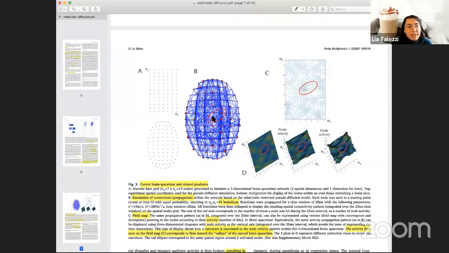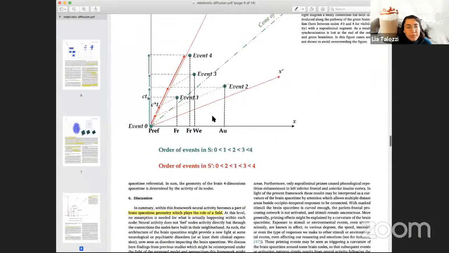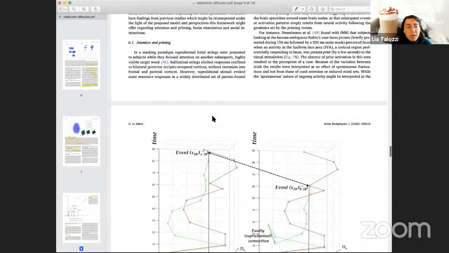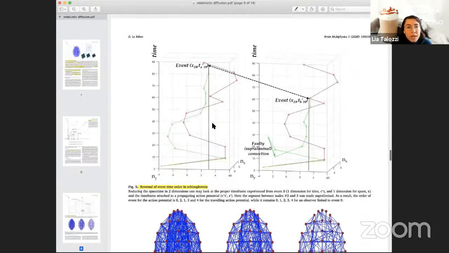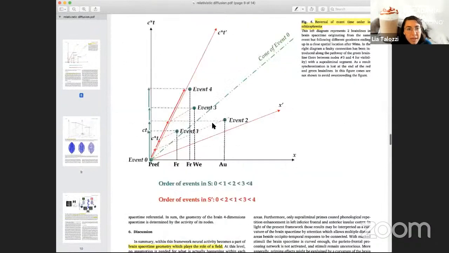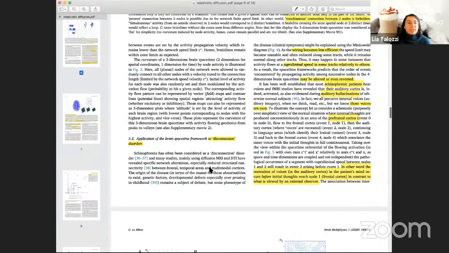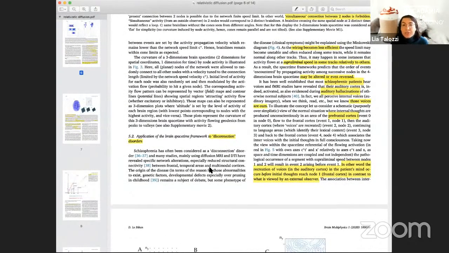And then here some possible applications of this new framework are discussed. For example, there was a nice description here about connectome disorders.